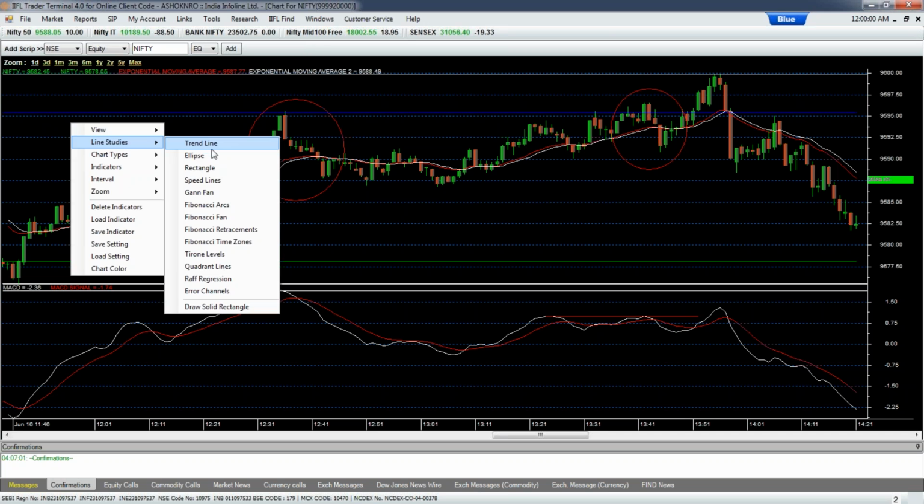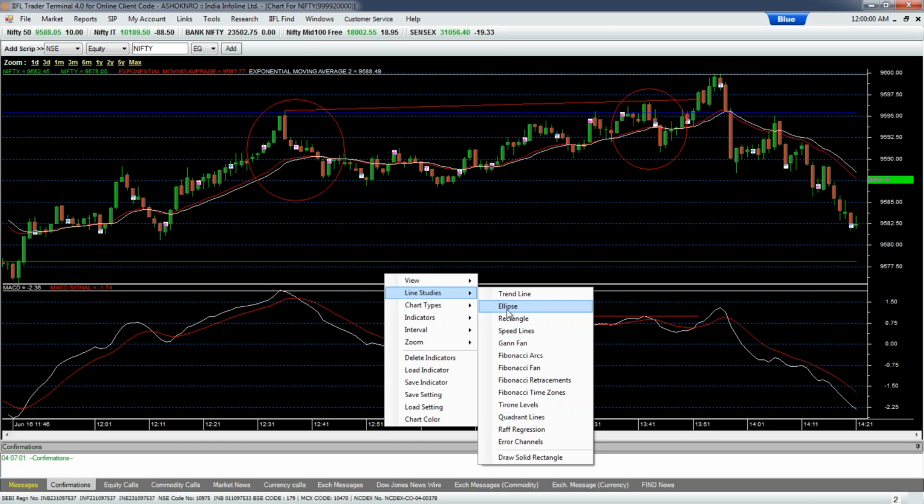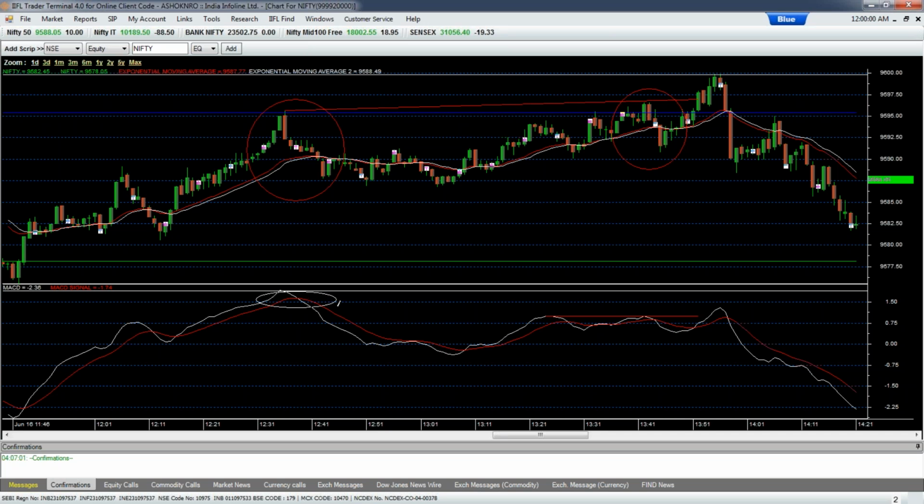So these two are not equal, right? You will see this blue line over here touches here. However, this is higher than this. Look at the top over here. Look at this and look at this. So let's check this ellipse.